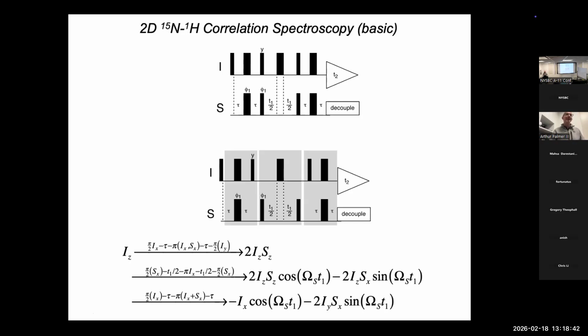So you can do that at home. You can go through this calculation with this being a Y pulse, these two being Y pulses, and show that you'll end up with the signal that goes as sine omega S t1. So that then, having taken two experiments, we can combine them into a complex pair and get a Fourier transform with only one peak.